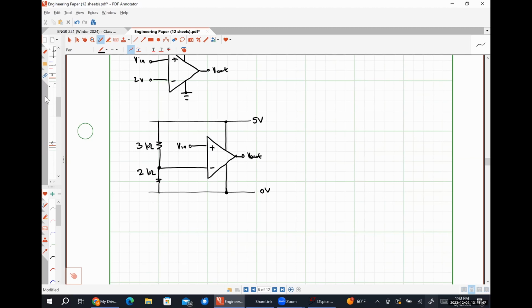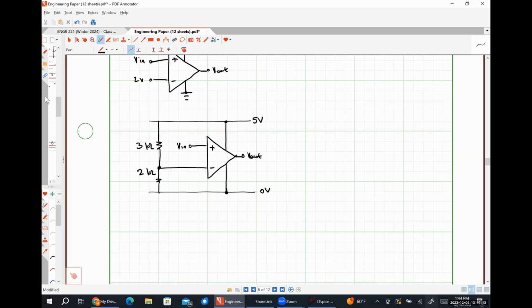I don't know where to get started on part two. Then draw your circuit as a practical op amp.